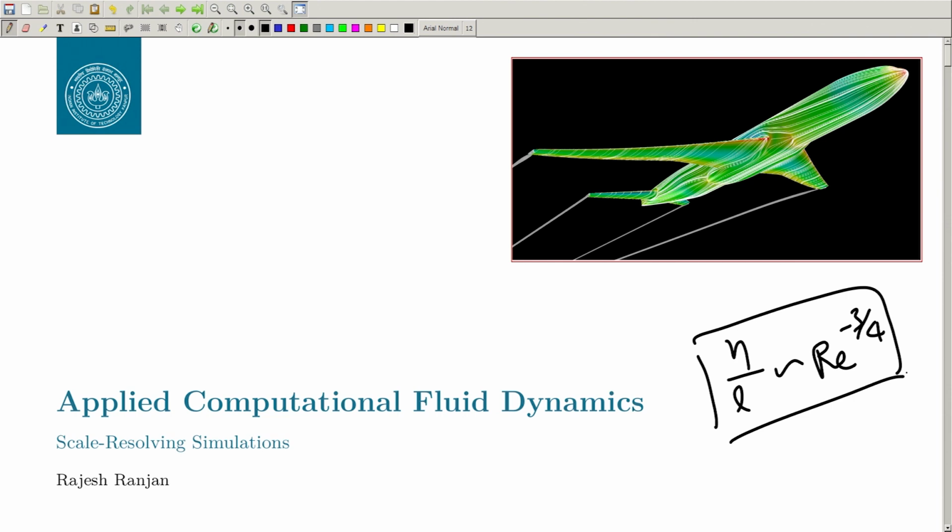One is that the rate of production of energy is equivalent to the rate of dissipation. The second assumption was that at the smallest level, or at the level where the dissipation takes place, the viscous force is equal to the inertial force.